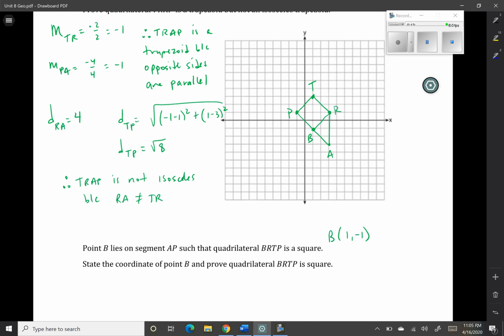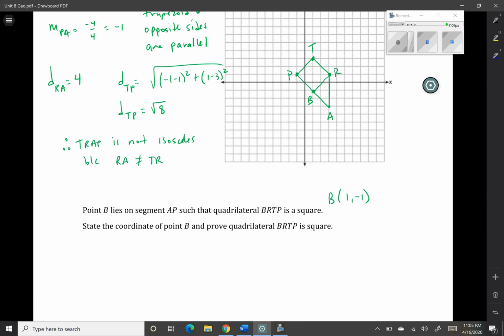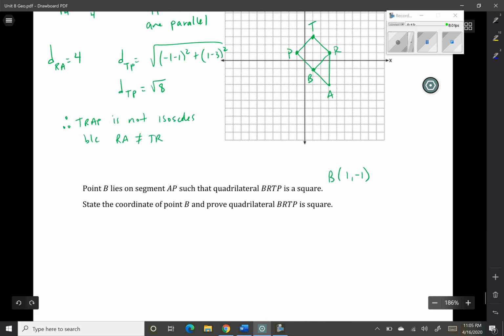It then says to prove that this is a square. To prove something's a square, we need to prove that it has opposite sides that are parallel. I need to know it's a parallelogram. I need to know that all 4 sides are congruent, meaning I need to find 2 consecutive sides that are congruent. And I need to state that 2 consecutive sides are also perpendicular. So I need the slope of all of these sides. The slope of TP, which we already found is positive 1, up 2 to the right 2.